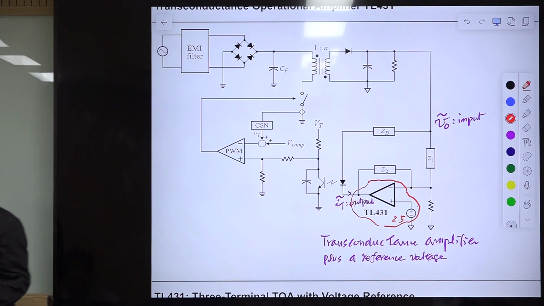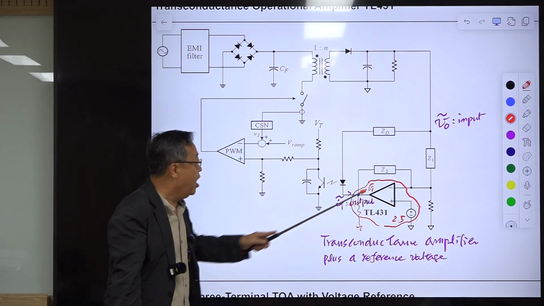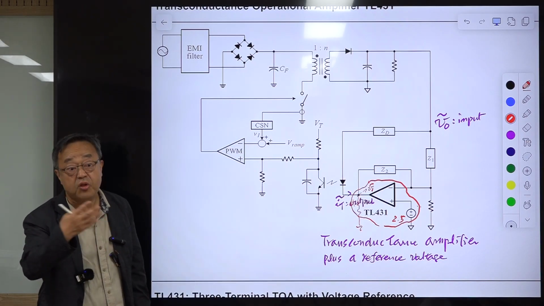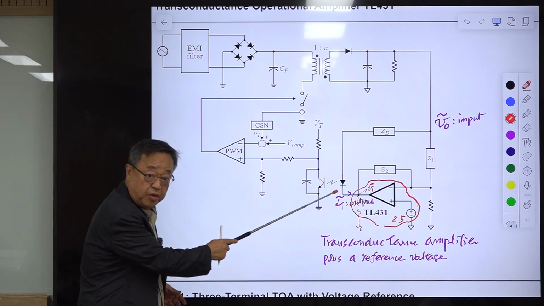If you connect one resistor here, then you obtain this voltage. That would be a voltage amplifier, but here we are using this as the feedback signal.